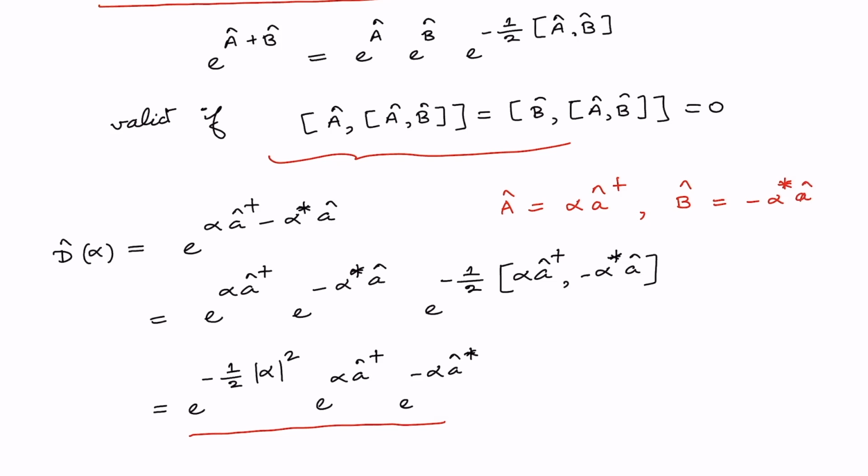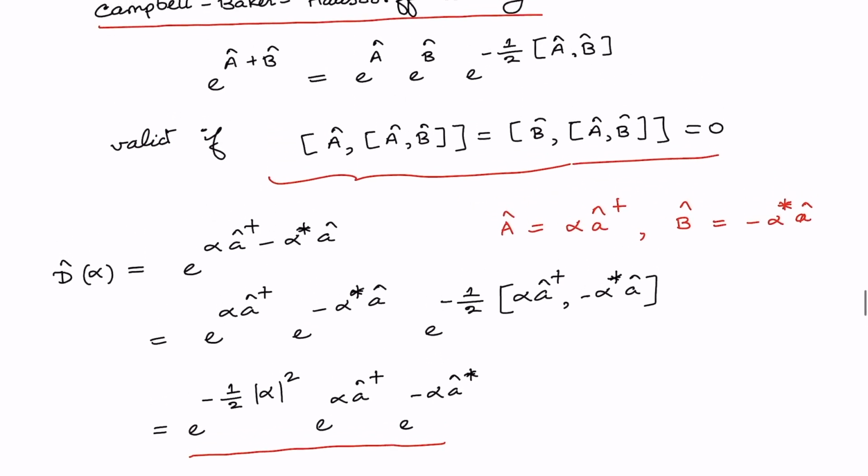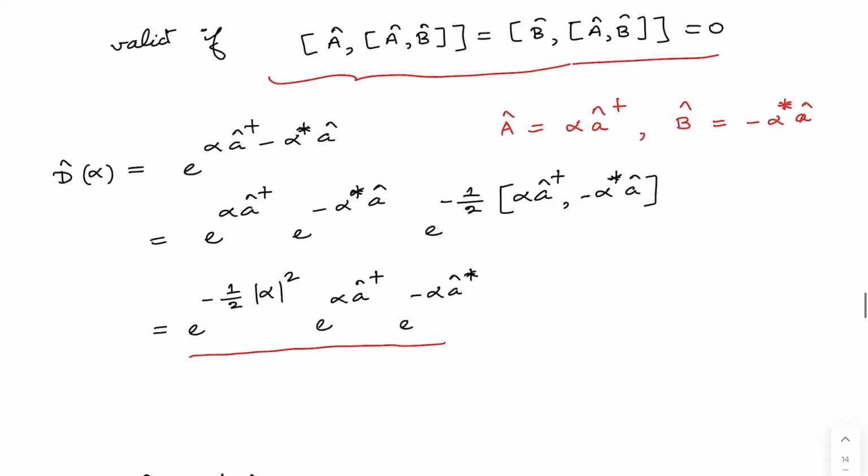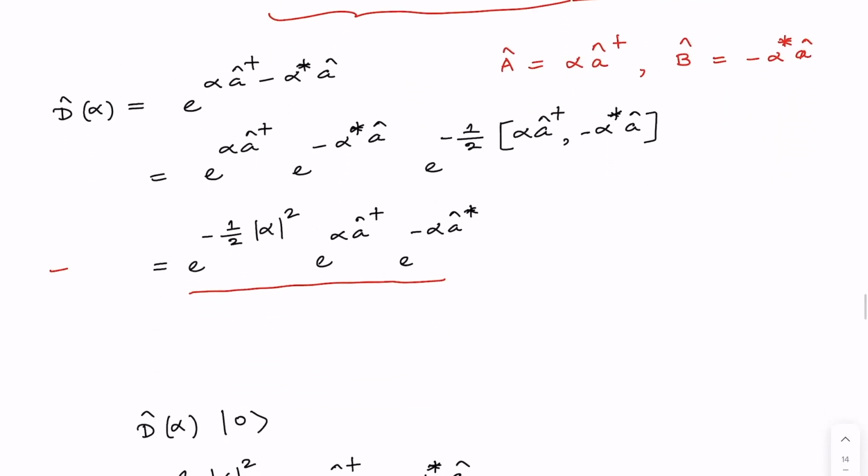You can see that these operators A and B satisfy this commutation relation, and therefore I can apply the Campbell-Baker-Hausdorff identity and write this displacement operator in this particular form.